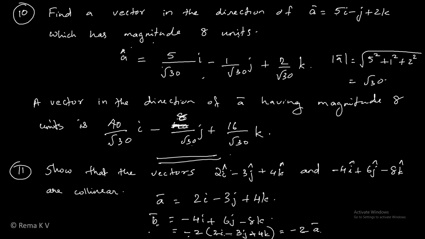That will be opposite to vector A because we are multiplying it with a negative number. The scalar here is a negative number. So vector B is having direction opposite to this. But since this is a scalar multiple of vector A, they are collinear.